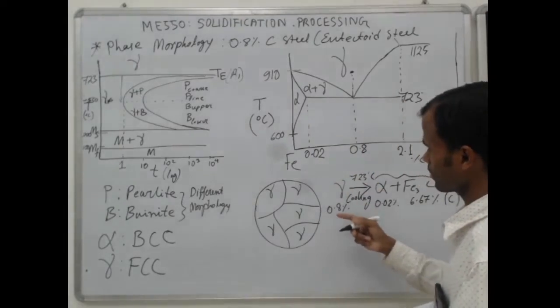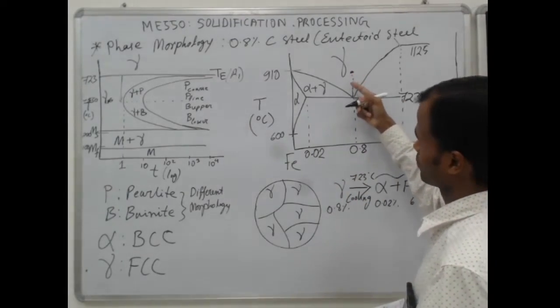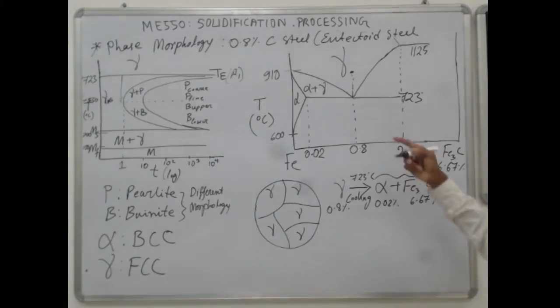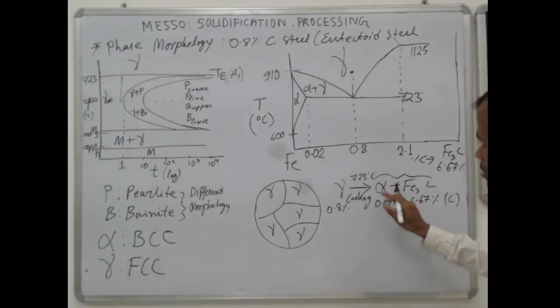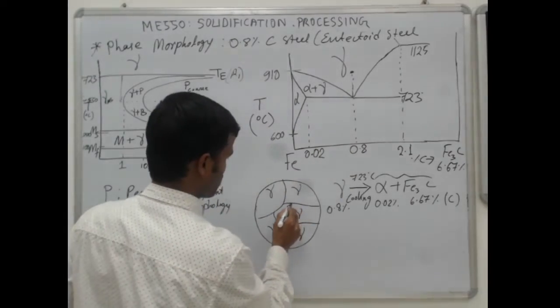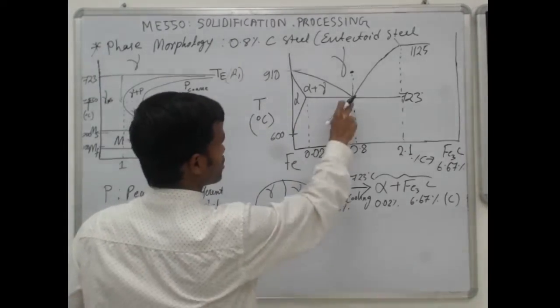So how does the phase evolve? Gamma, so everything is gamma. What happens now when you reach this temperature?